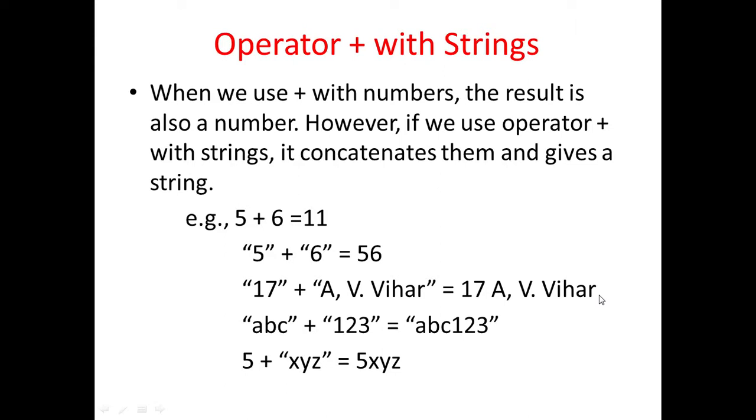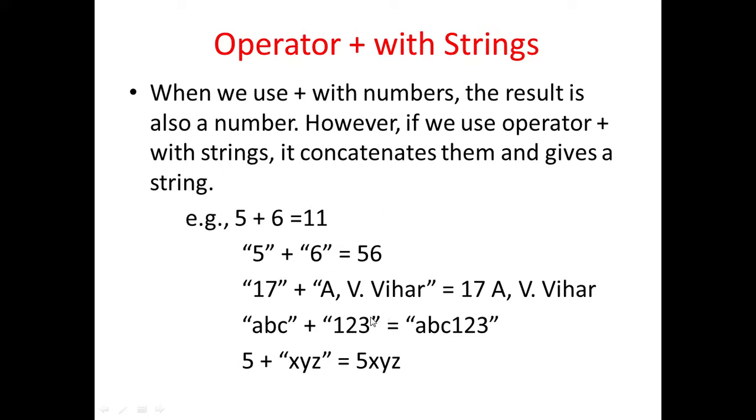Single quotes are called char, character type, and single quotes hold a single character, a single digit or single alphabet. For example, I can use single quotes here. 5 can be in single quotes, 6 can also be in single quotes, and the answer will be 56 here.